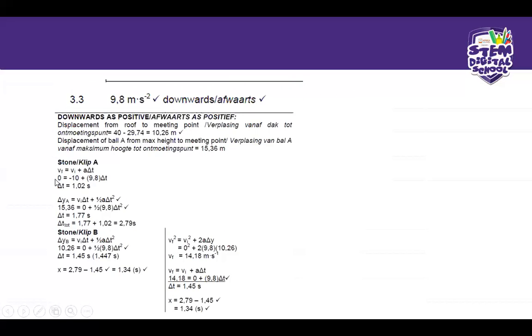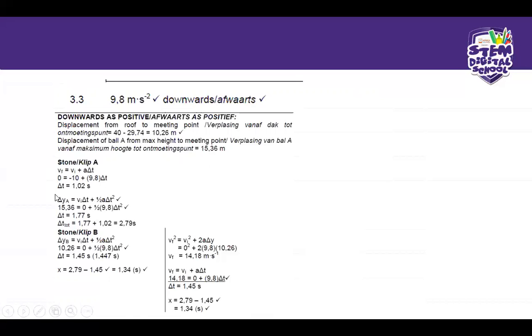We're going to use that equation. From there, we substitute: s equals 0 plus half 9.8 triangle t squared, and we will have our seconds. So now we've got two times, so the change in total time is going to be the 1.02 plus the 1.77 seconds. Okay, that's for stone A.